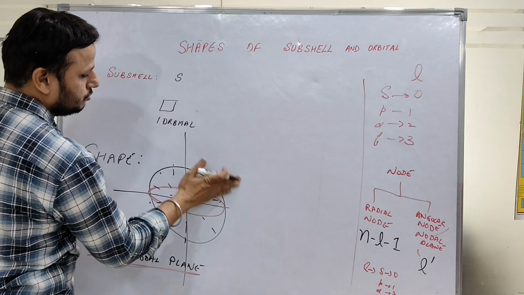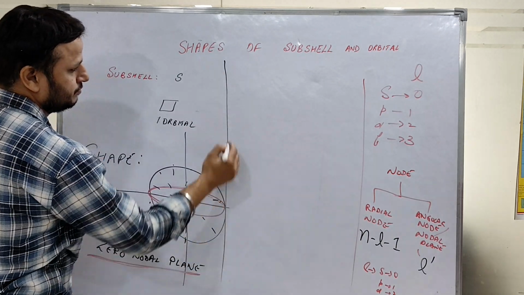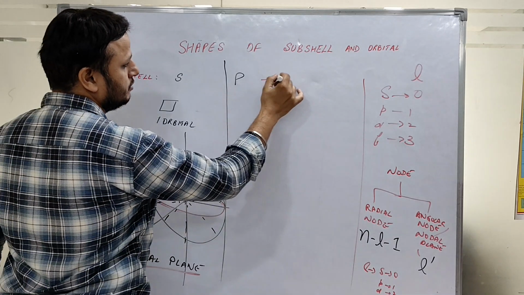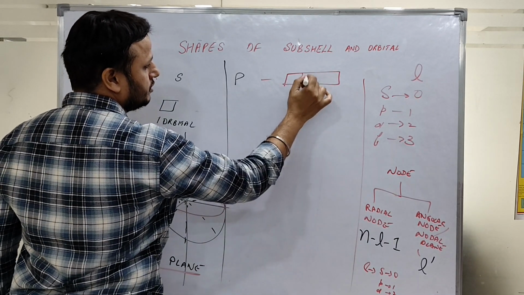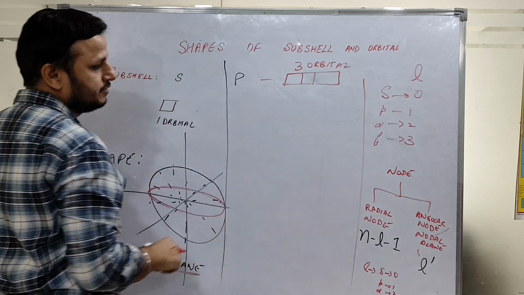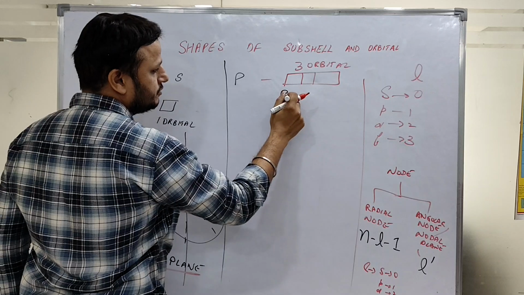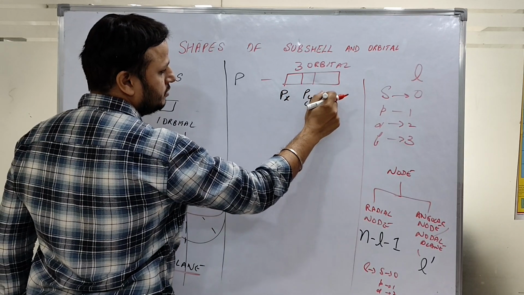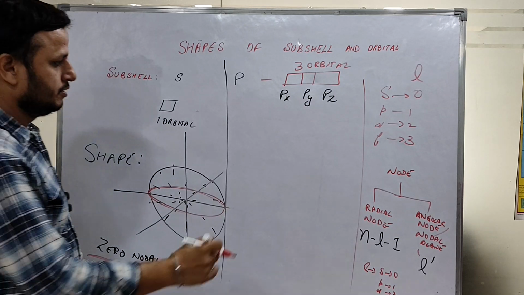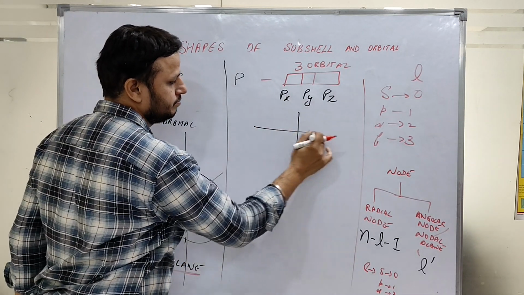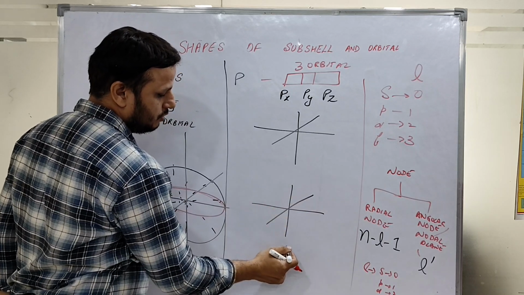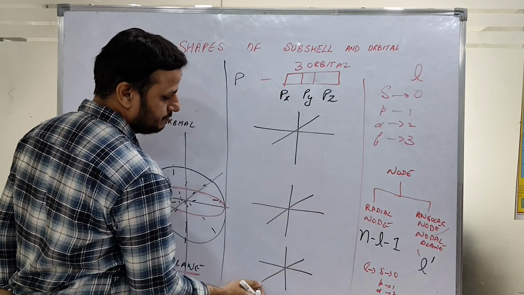Now moving on to P. The P subshell has 3 orbitals, and the names of the 3 orbitals are Px, Py, Pz. All the orbitals are 3D in space.